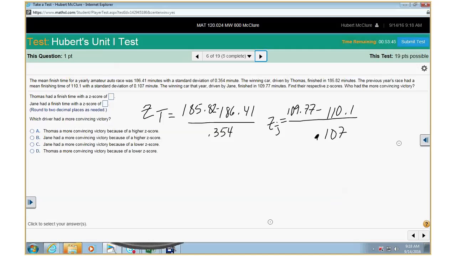All right, so you do the standard deviation and the z-score for both of these.